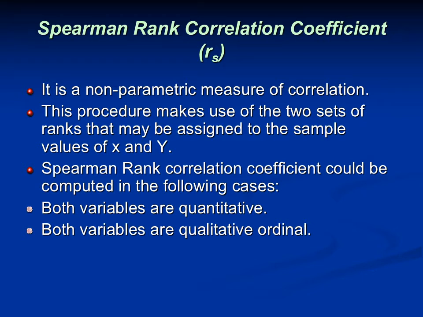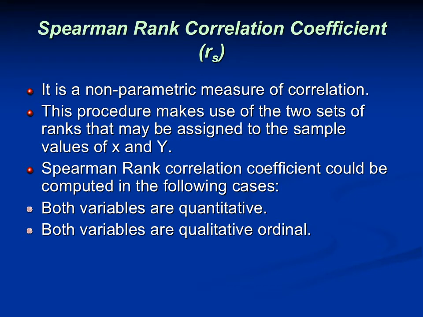I'll repeat that. The difference between Spearman's rank correlation coefficient and Pearson's correlation coefficient is that one is parametric and the other is non-parametric. Spearman's rank correlation coefficient is a non-parametric measure of correlation because it involves data collected on variables in the form of ranks. If you have ordinally collected variables, then you have a non-parametric measure of correlation, and that is the Spearman's rank correlation.